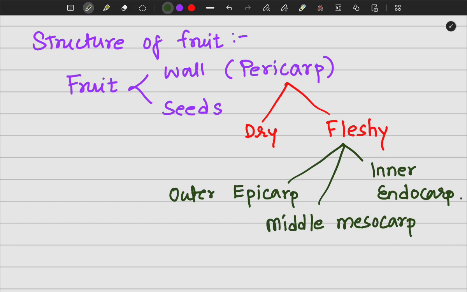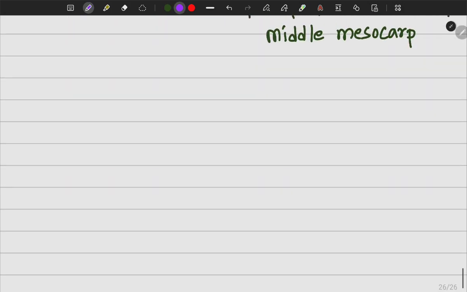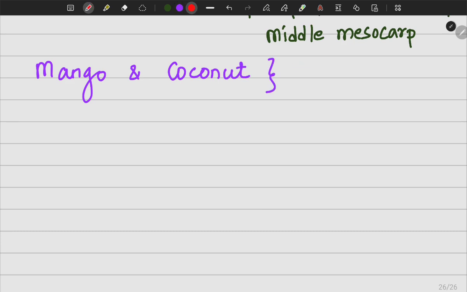Alright, now we will study two fruits, mango and coconut. These two fruits are called drupes.